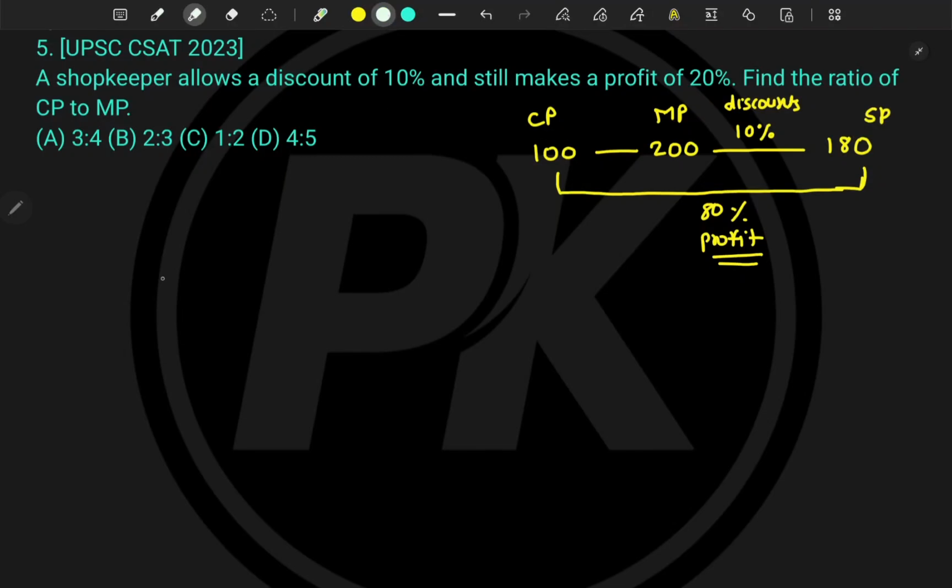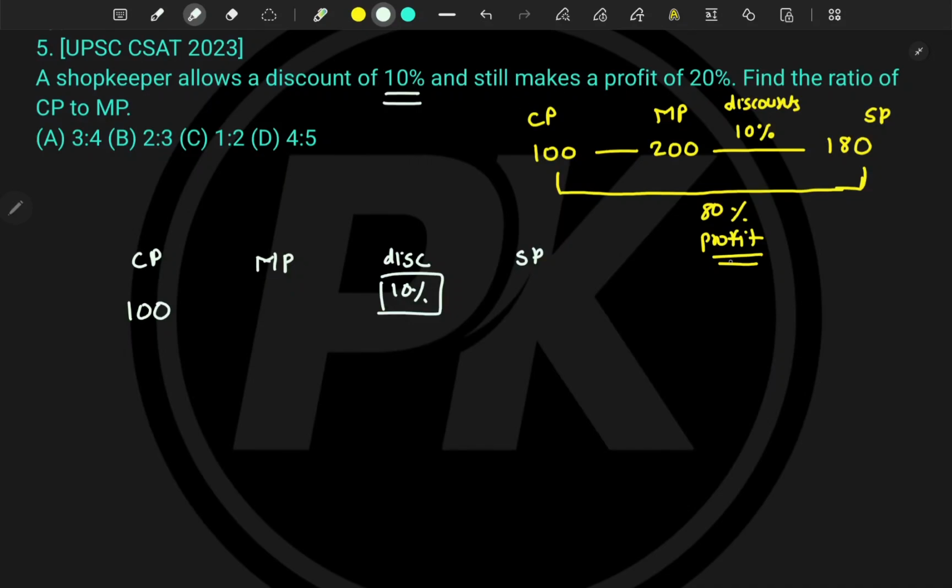Now let's go in a similar way. I'm just writing it here: cost price, marked price, there was some discount and there was some selling price, right? The same way. Let's say the cost price was 100 and he allowed 10 percentage discount here.